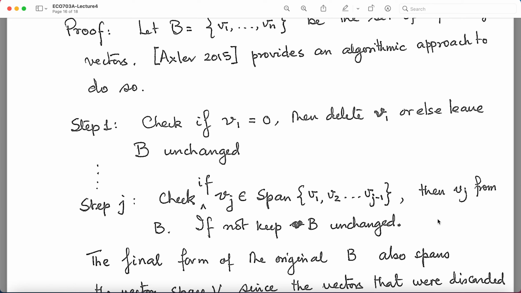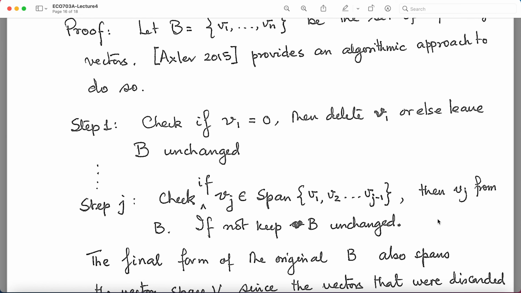Then again check. Suppose I keep V4 and V4 is not in the span of V1, V2. So, I keep V1, V2 and V4 and then I go to V5 and check whether V5 is in the span of V1, V2, V4. If so, throw away V5, if not keep V5 and move on to V6 in that way.